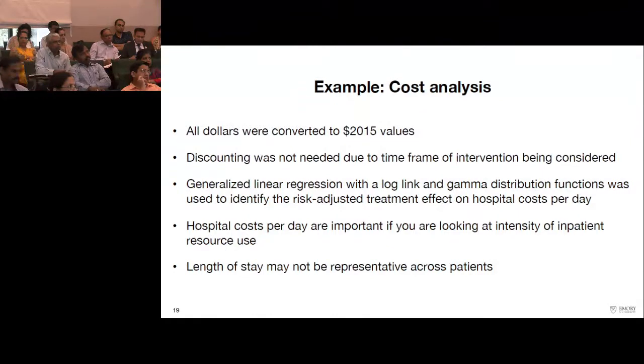Because even though the costs were expressed in 2015 dollars, you still know when the procedure actually happened. So you can have indicators for 2007, 2008, with 2009 as the reference, and that would adjust for these arbitrary changes.